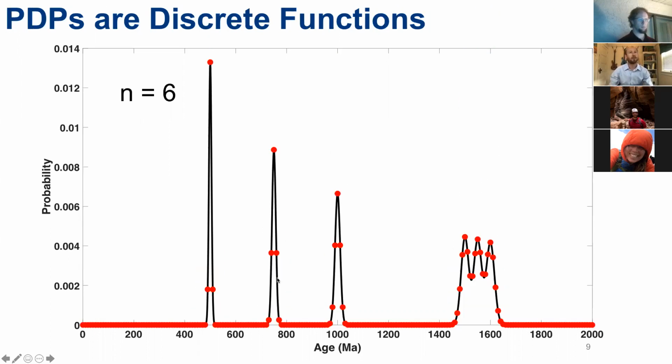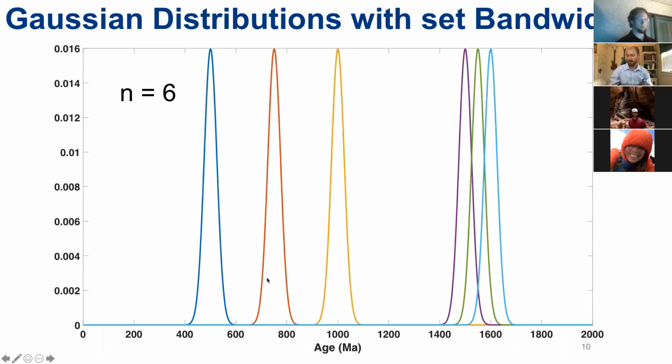So that was probability density plots. Kernel density estimates are a little different. Here, instead of using the analytical uncertainty to set the width of the Gaussian curve, you specify a bandwidth instead. And in this case, you set the bandwidth equal for all of these 6 ages. So notice that now they're all the same height, right?